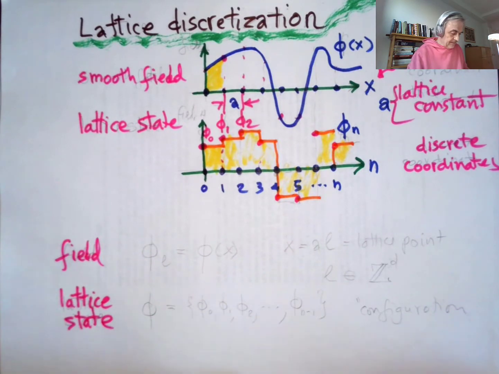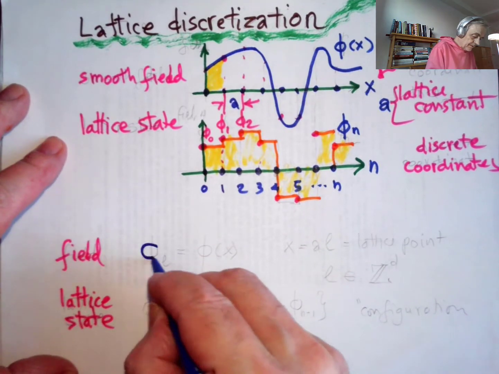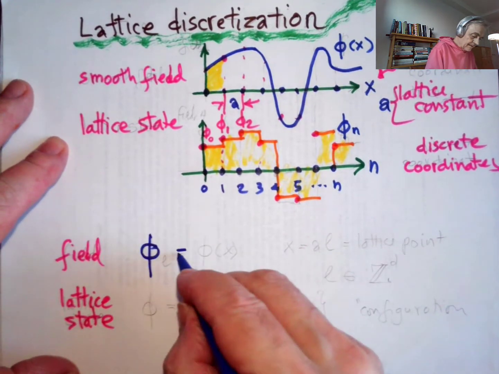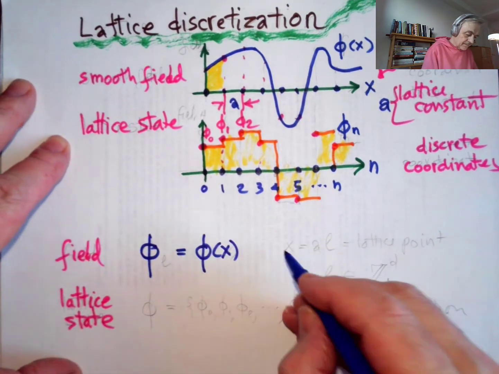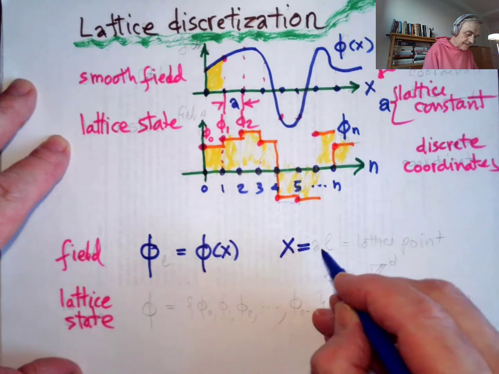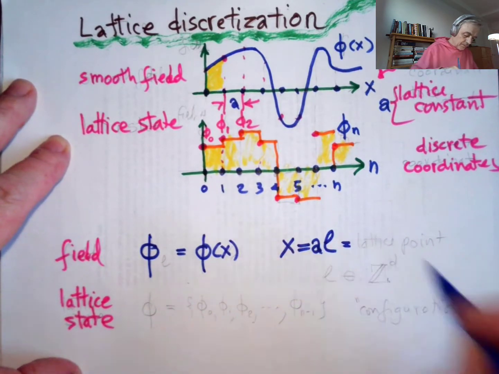And what we are doing is we are looking at our continuous function, but we are only measuring it at discrete intervals or lattice points.